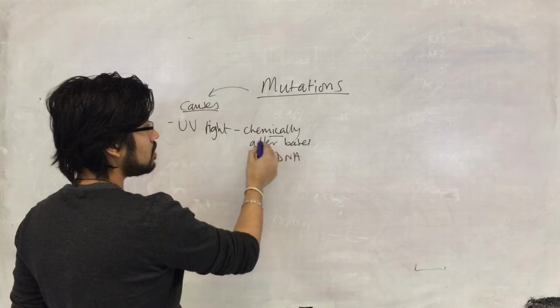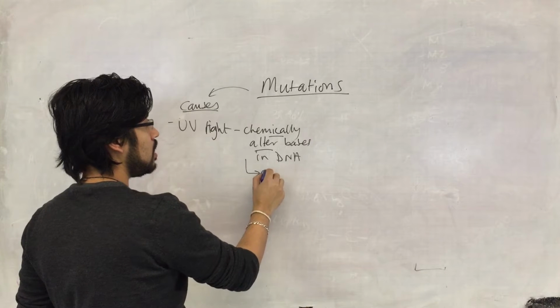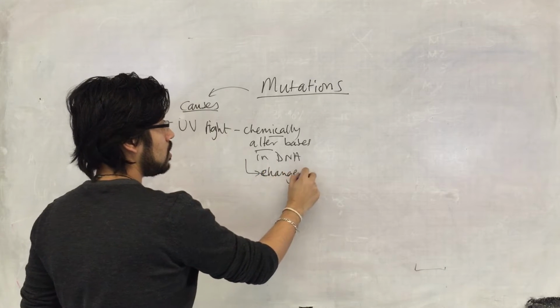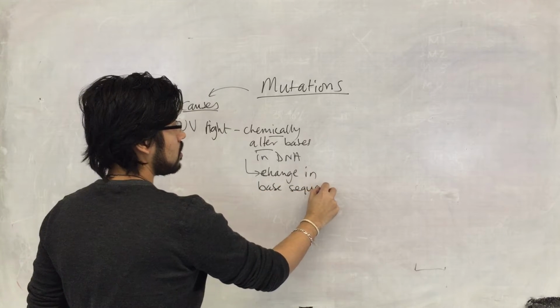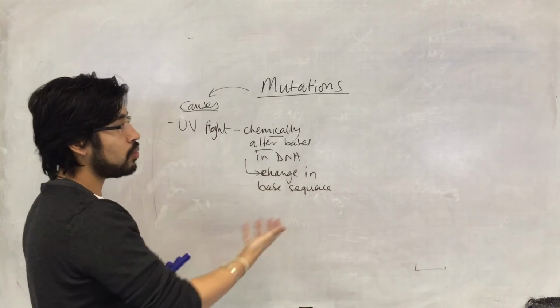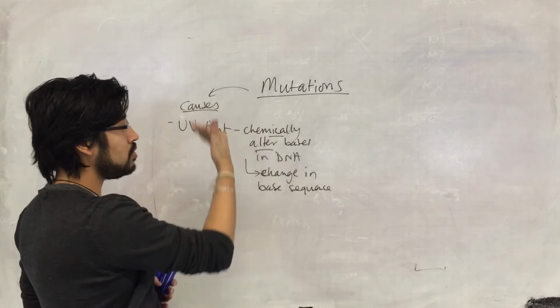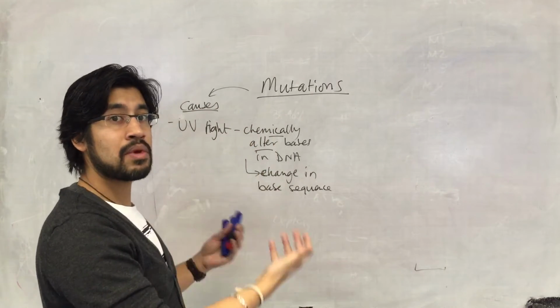So the chemical alteration of the bases in DNA could result then in a change in the base sequence. Okay, so say we alter one of the bases in the DNA. It used to be a T, but now there's been some kind of chemical change.